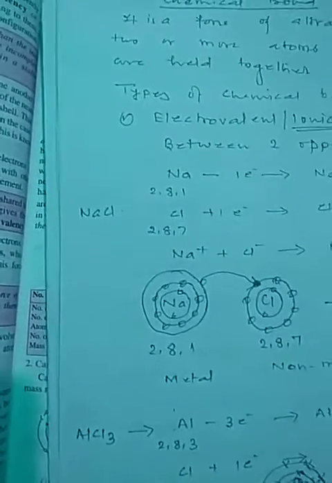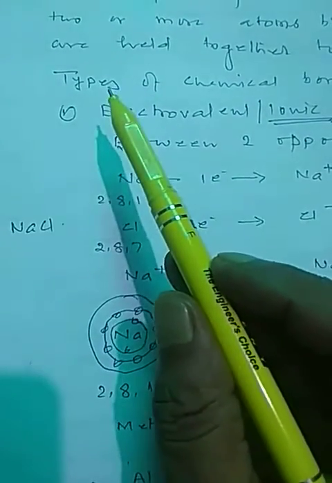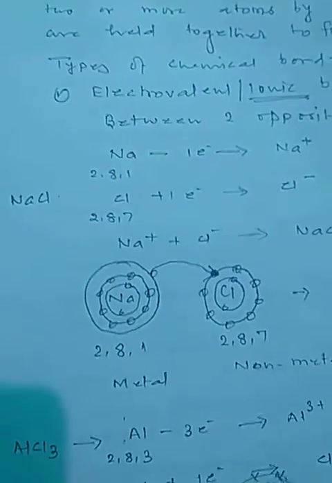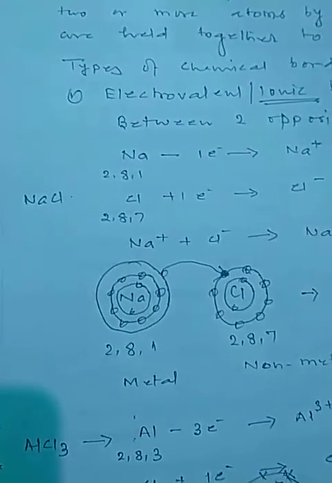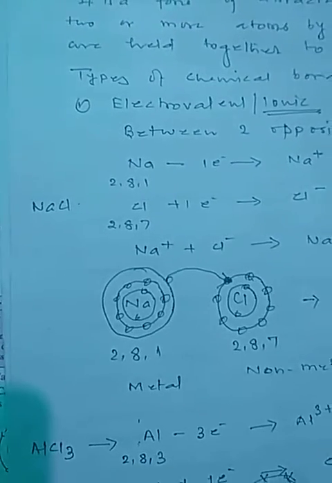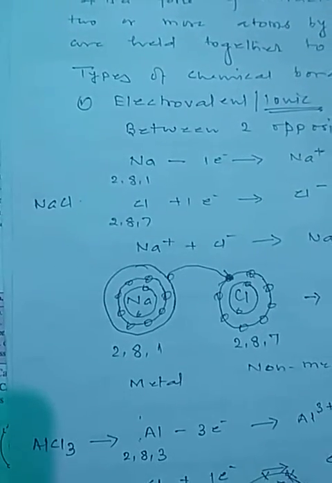So, for example, we are taking sodium, it has 2, 8, 1, it will tend to have 8 electrons. Chlorine, 2, 8, 7, will have a tendency to get 8 electrons.